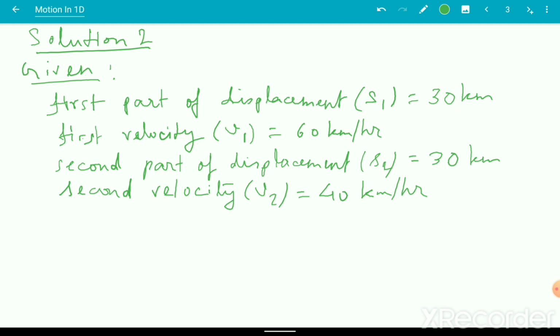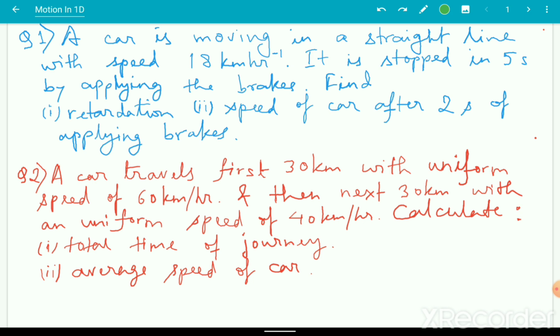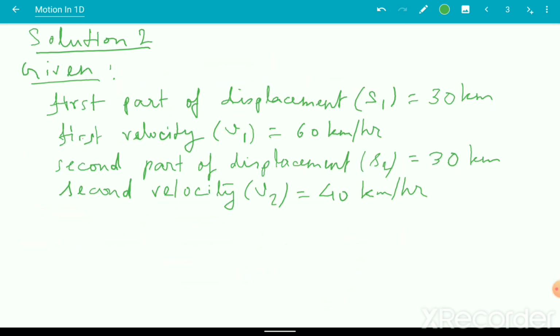Now what we have to find out is the total time of the journey. For the first part, the time taken to cover the first part of the journey, let's take as t1. We know that speed equals distance by time, so time equals displacement by speed.